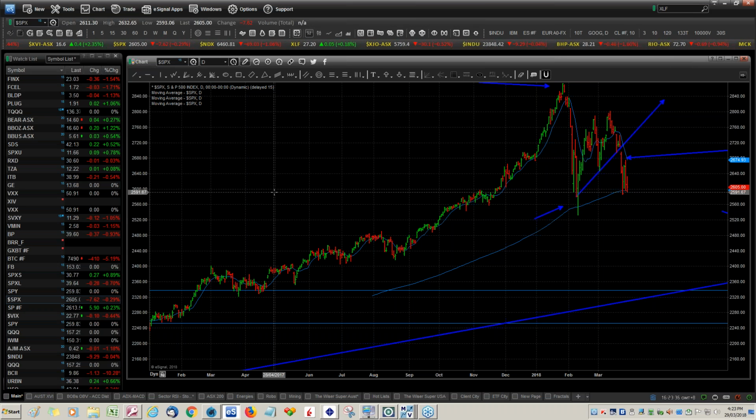And there's also a big shift, and I haven't seen this for a while, and that is the volume of the advances and the volume of the declines against the number of stocks that are advancing and declining.